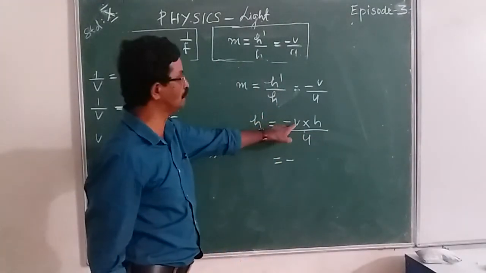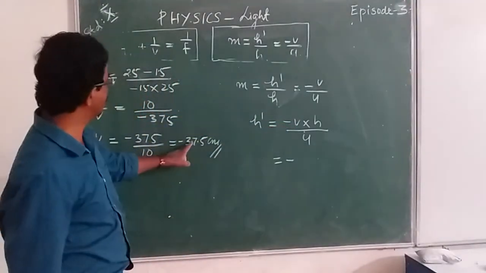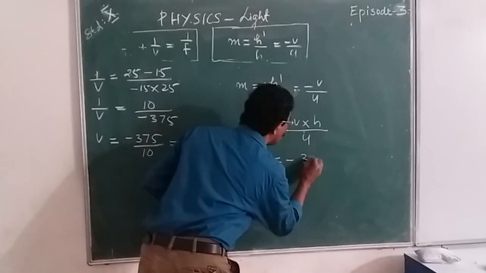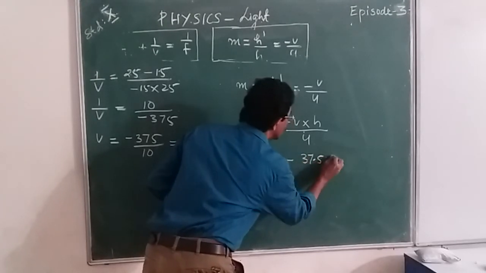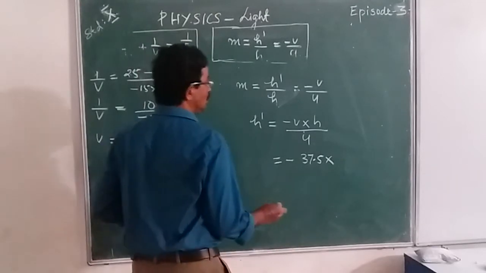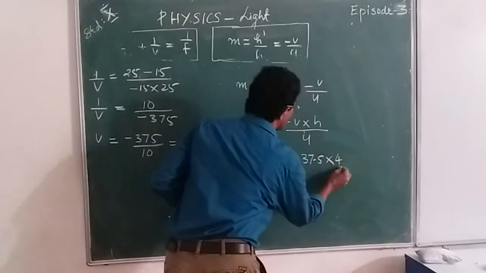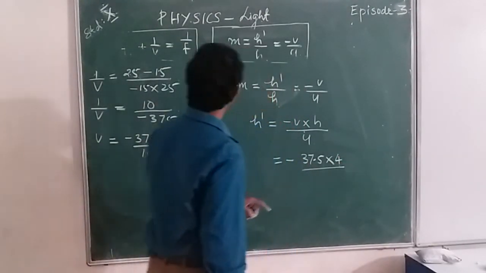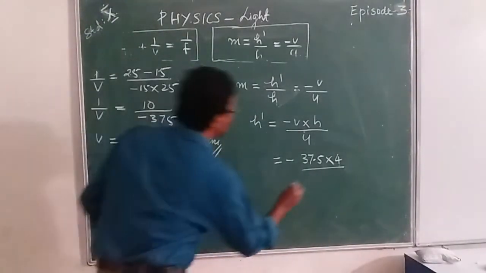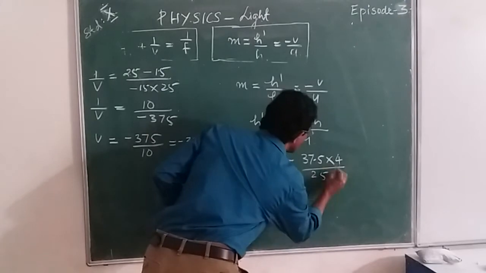What is the value of v? v is minus 37.5. So minus 37.5 into h. h is how much? 4 centimeter, by u. u is 25.